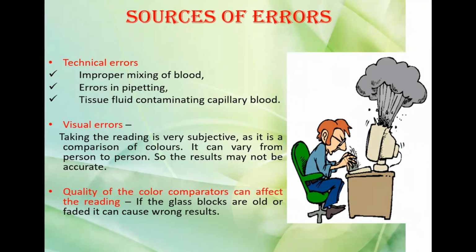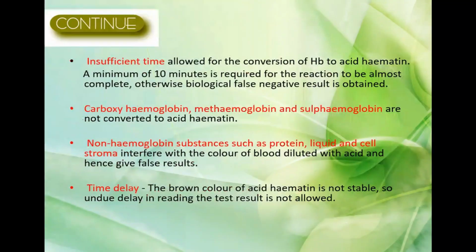What does it mean? It means the glass is not clear, there may be dirt, and it is an old one, so the markings may be erased. When the markings are not there, you may not be able to properly identify the amount of hemoglobin present in the sample, right? That is also possible.